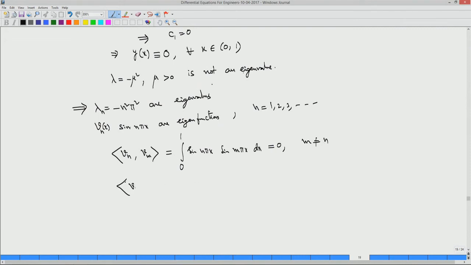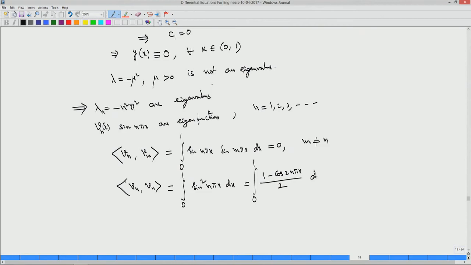But when n equal to m, that is Vn dot Vn, the integral of sin square n pi x dx, this is 1 by 2. So, this is 1 minus cos 2 n pi x divided by 2, from 0 to 1. This is the integration.